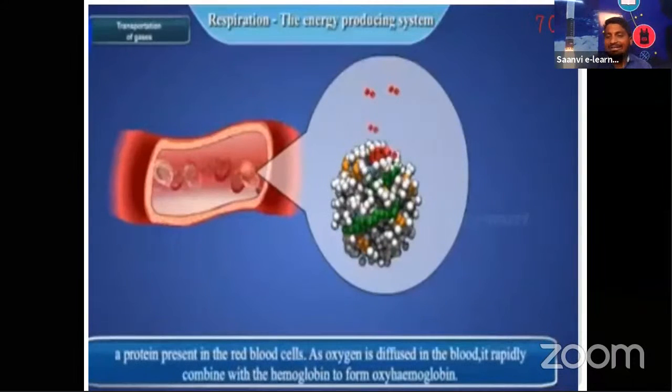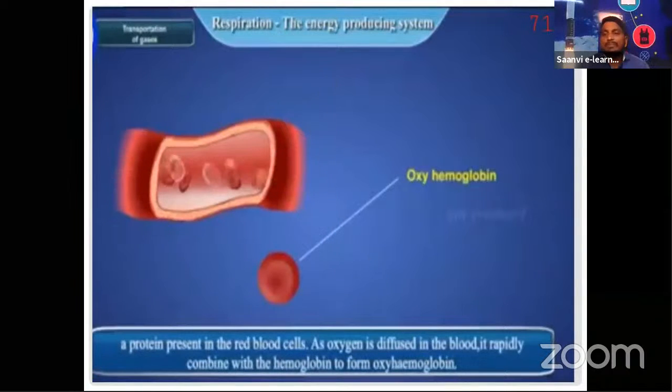When oxygen diffuses from the alveoli of the lungs to the blood capillary, it rapidly combines with hemoglobin.